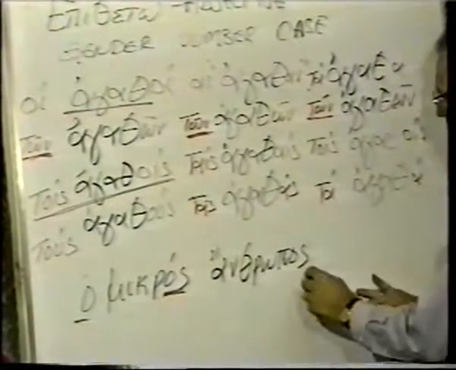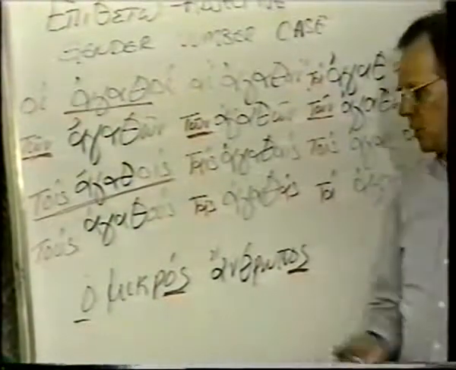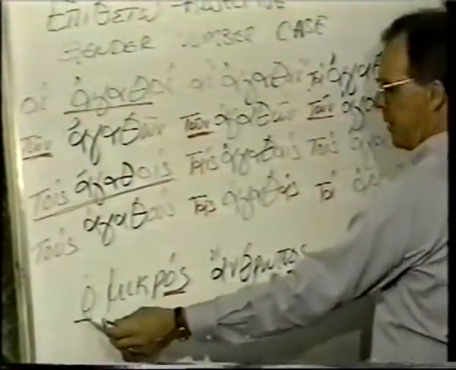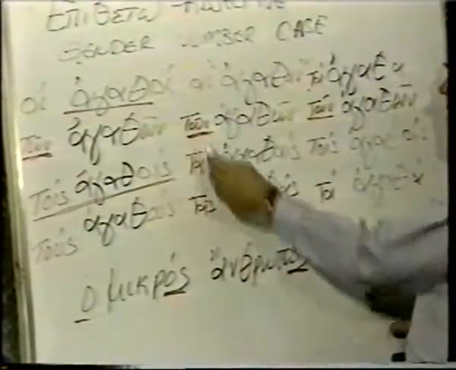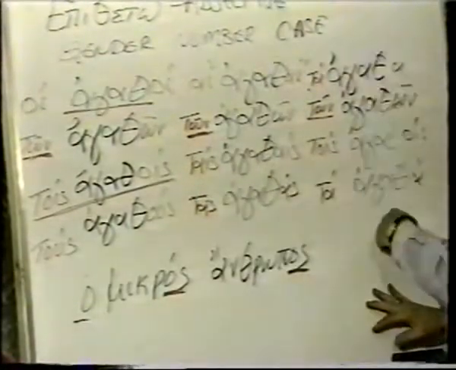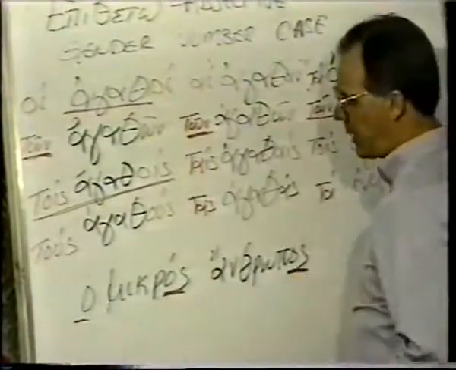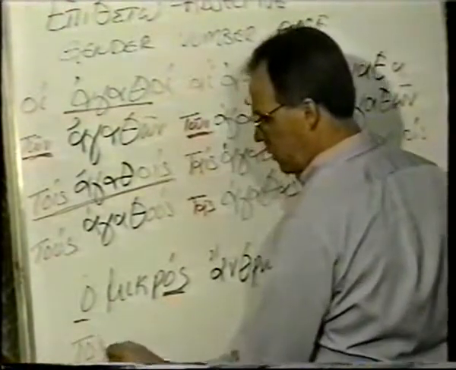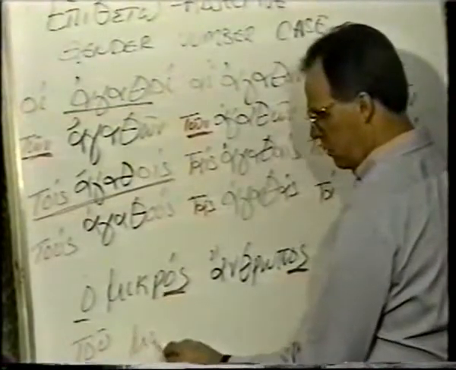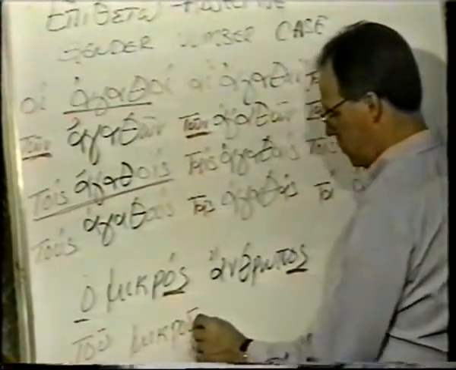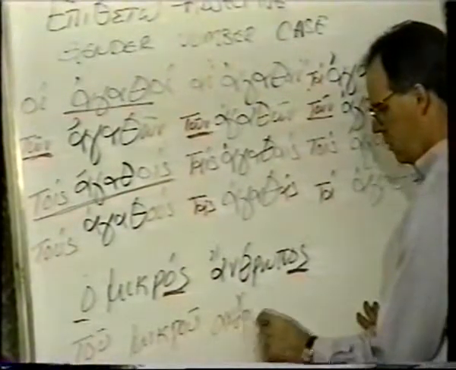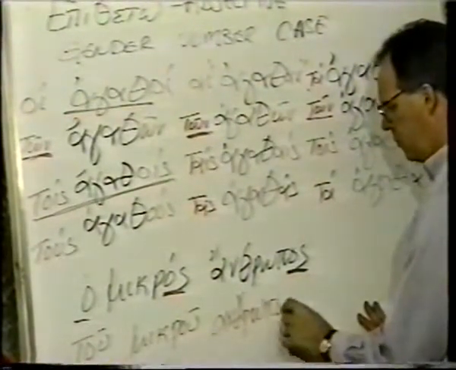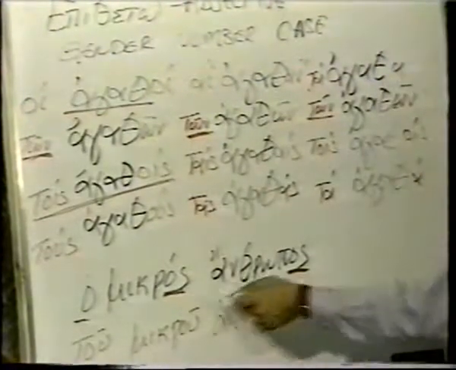And now we come to the subject which we've already looked at in prior lessons. We understand the same thing about the anthropos, or the man, or the people, or the person. We have here the small person, the small man. Now, this can be done throughout the entire declension of this epitheto, or the adjective. We would come next, let's say, to tu mikro anthropo.